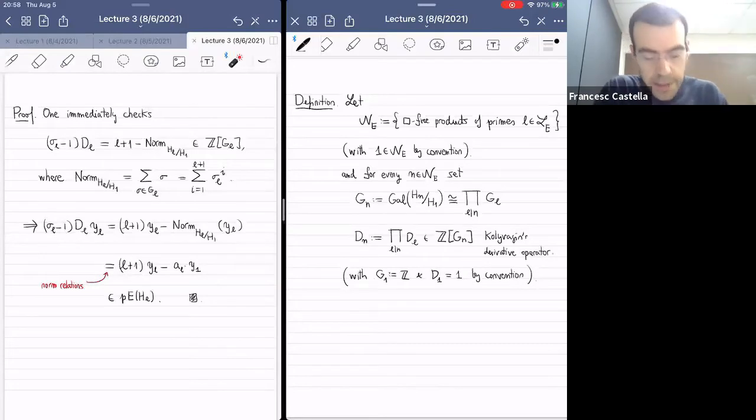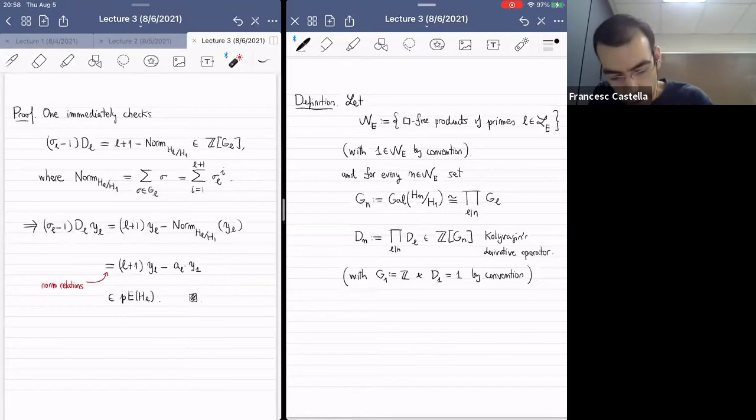Okay, so then the same proof that we've just given, now you can apply it to this Dn acting on the Heegner point of conductor n. The exact same argument shows that when you look at things mod p, you become Gn invariant.